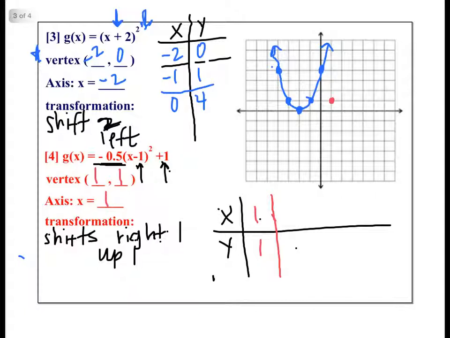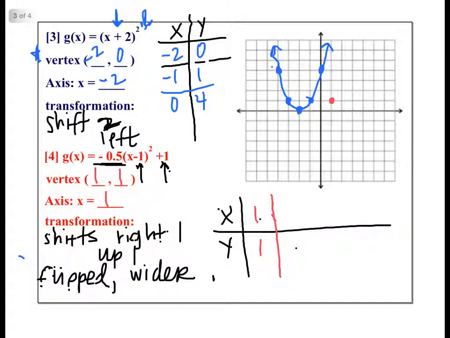Well, the negative will flip it. So I know that my graph's going to open down. The arrows are actually going to point down now. And the 0.5, remember when a is less than 1, is going to make it wider. So this kind of just helps me think about what my graph should look like.